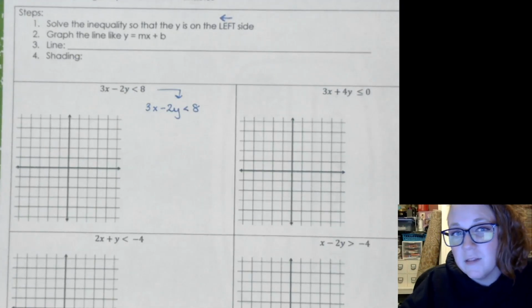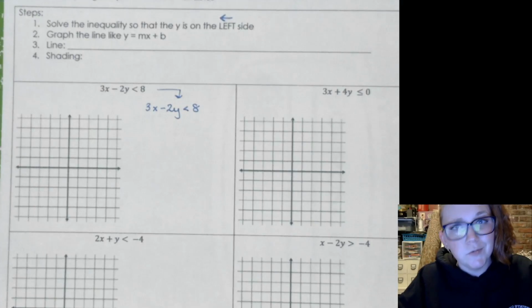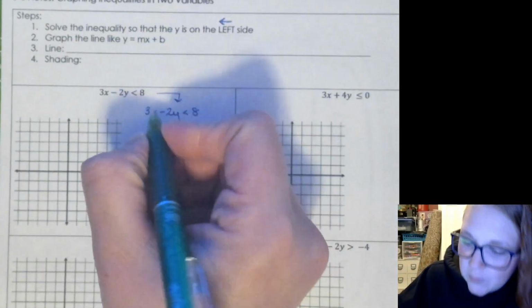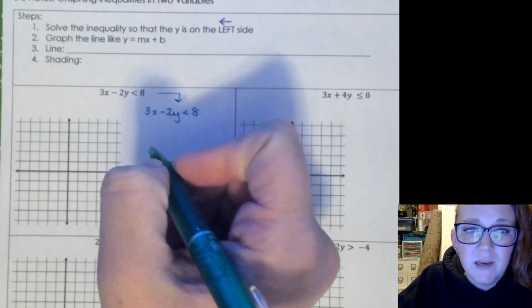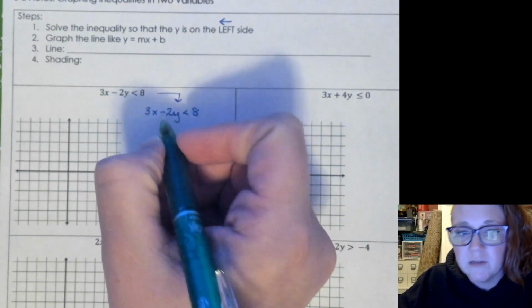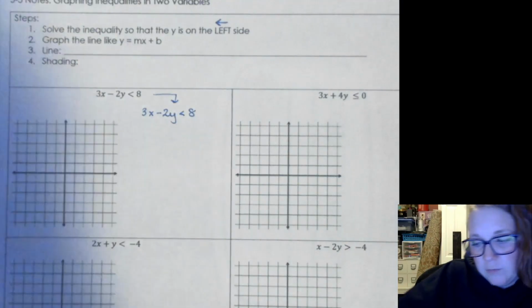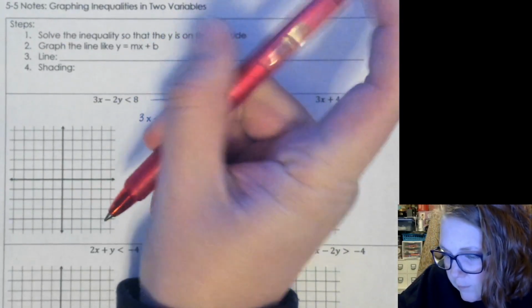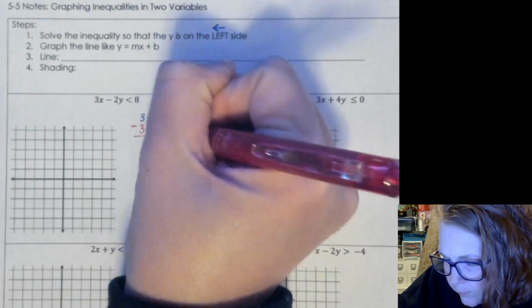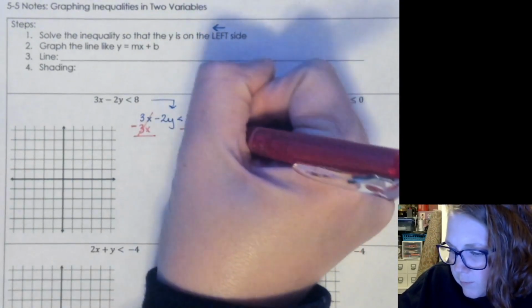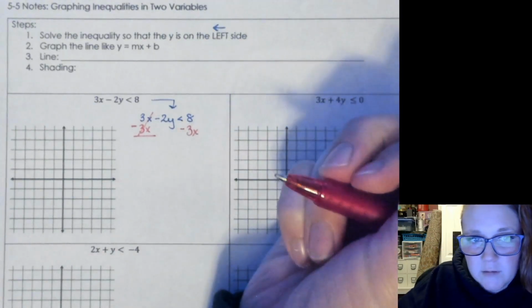To get y on the left side, that means the x has to go to the right side. So you take whatever the x is and make it the opposite. This one says positive 3x, so the opposite is negative x.